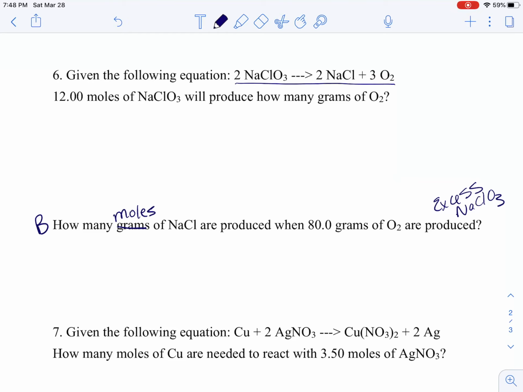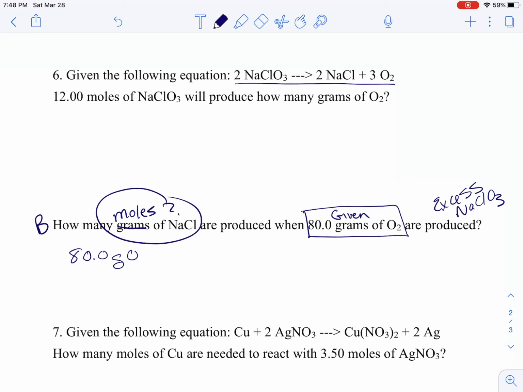All right, so let's start with what we are given. Remember, this is what we are given. We'll start with, and then this is what we're trying to find. So how much NaCl and how many moles. So we start with 80.0 grams of O2. So if grams of O2 is on the top, grams of O2 is also on the bottom, and we're going to convert that to moles of O2.